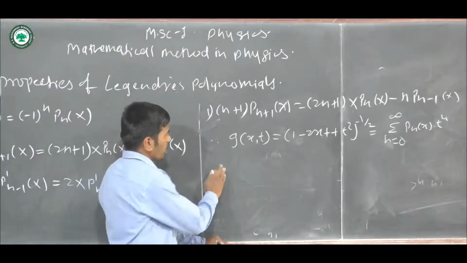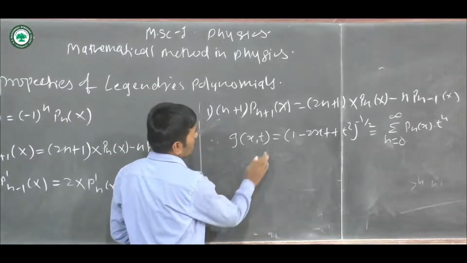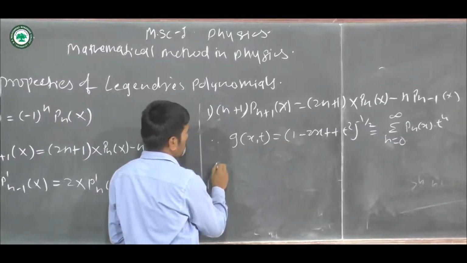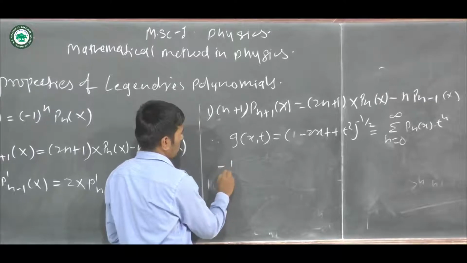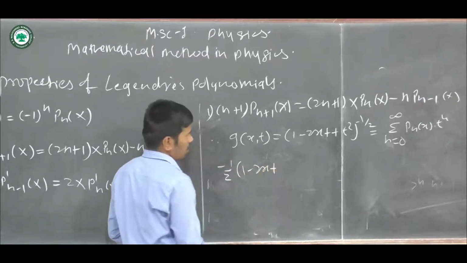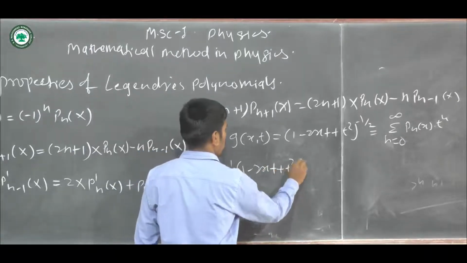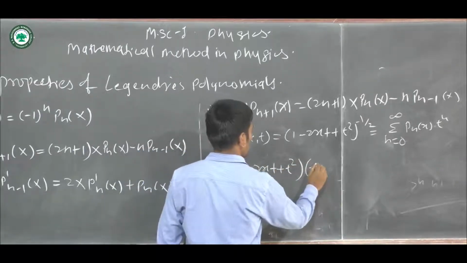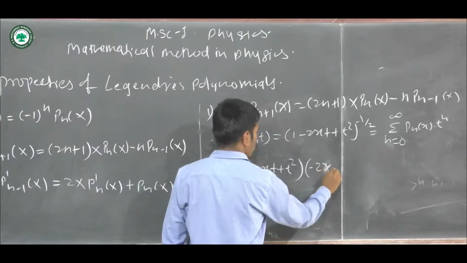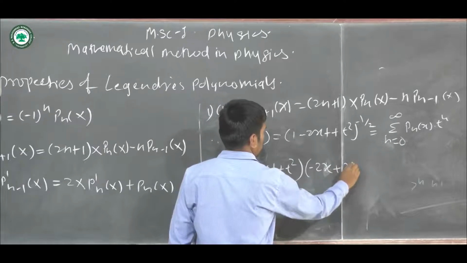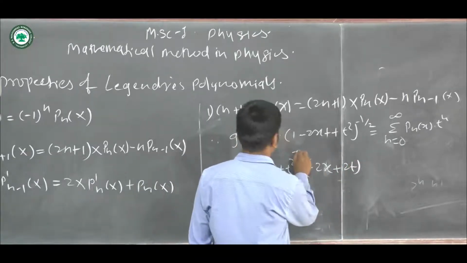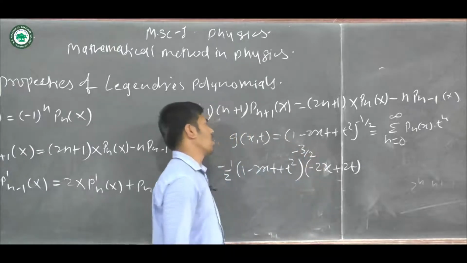Now if I differentiate the generating function with respect to t, here we get minus half into (1 − 2xt + t²) to the power minus 3 by 2, into (−2x + 2t).